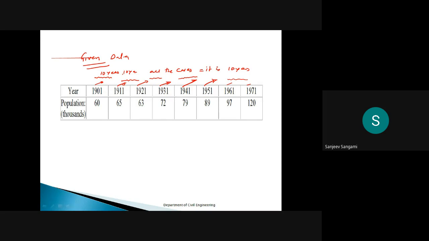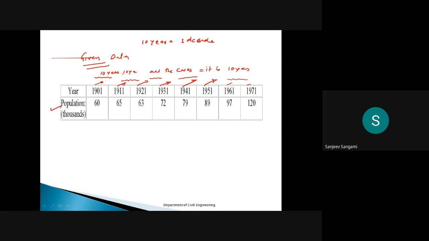So check in each case whether the difference is 10, 15, 20, or 25 years. We already know that 10 years equals 1 decade. So the decadal increase of the population is given in the second row.